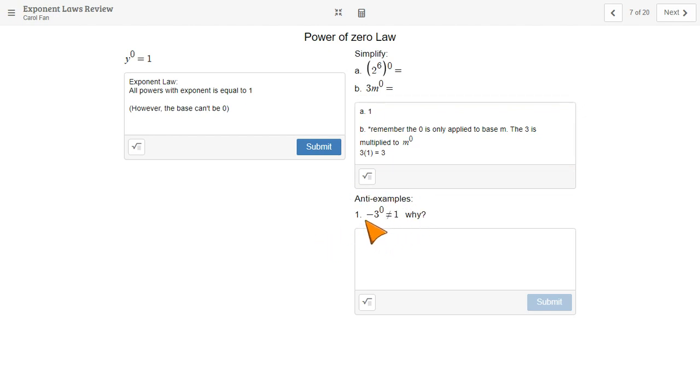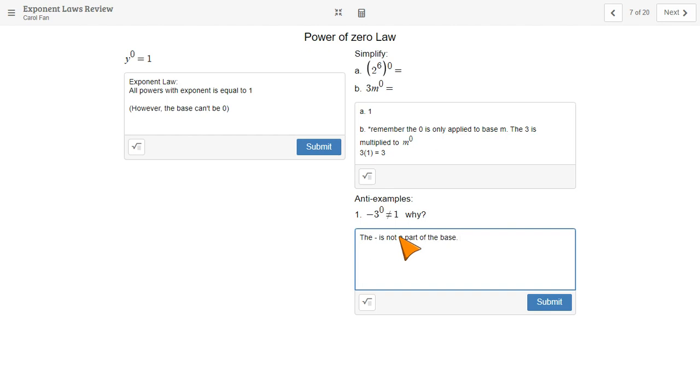Okay, here's an anti-example. Negative 3 to the power of 0 is not equal to 1. Why is that the case? The negative is not a part of the base.